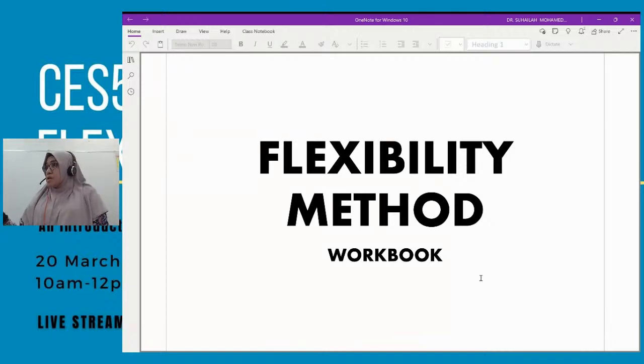We use method of joint to solve problems in flexibility method. For deflection, we will apply what you learned under unit load method to calculate rotation, horizontal displacement, and deflection. We adopt the principle of virtual work and adapt it into flexibility method.